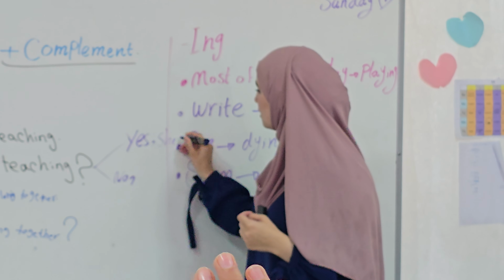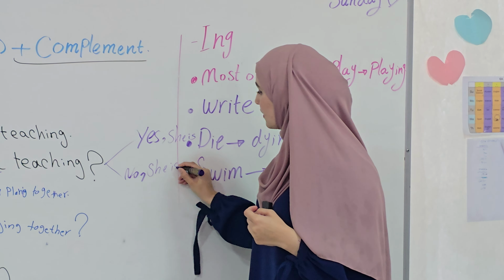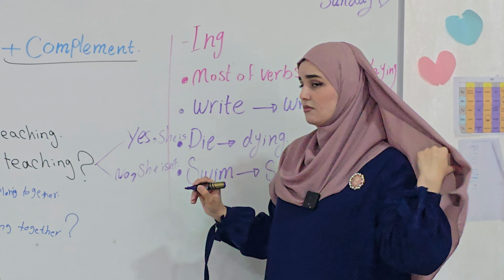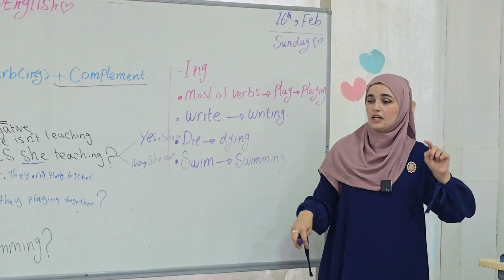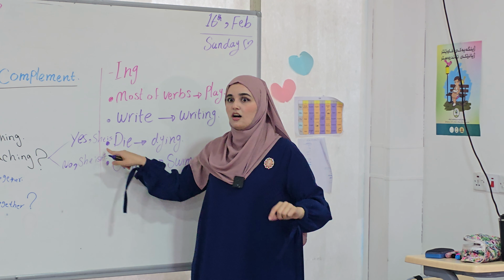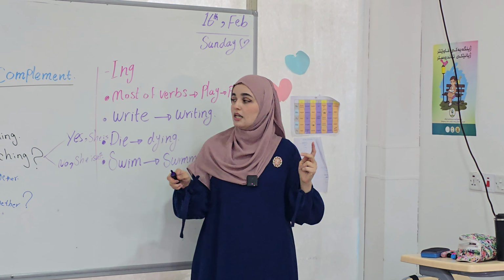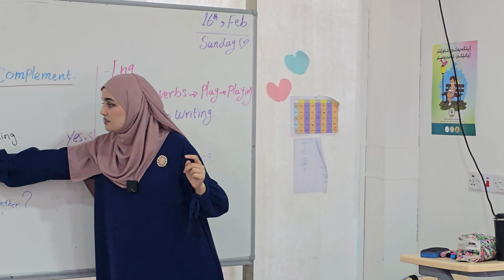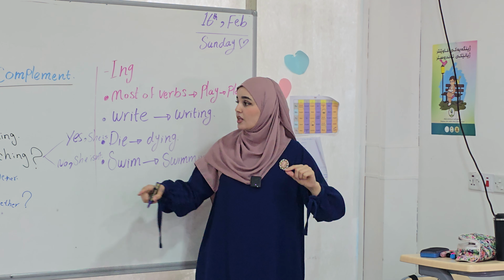Yes, she is, or no, she isn't. Very good. Listen here. I cannot say, yes, she does here, right? It doesn't make sense. You have to know which verb to be is used. You have to use the same verb to be.